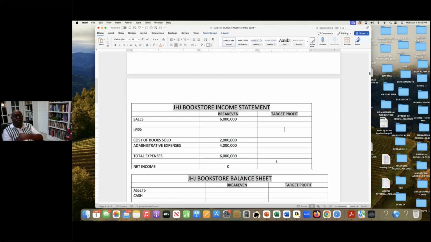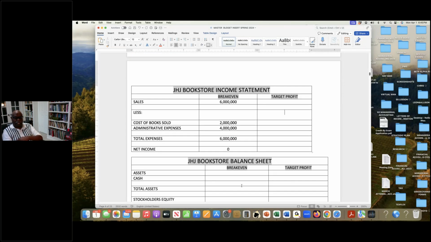What's our balance sheet gonna look like? We can say at the end of the period, our balance sheet is 100,000 in cash. So our total assets are 100,000.